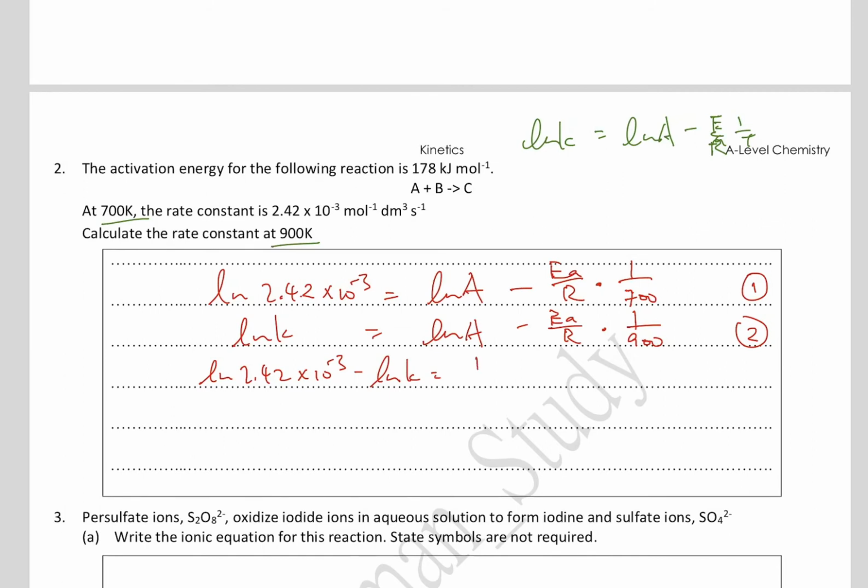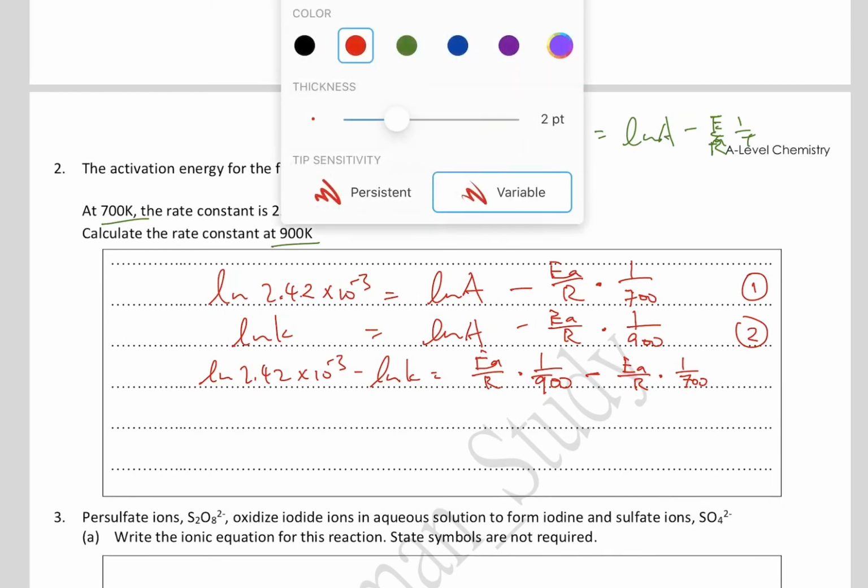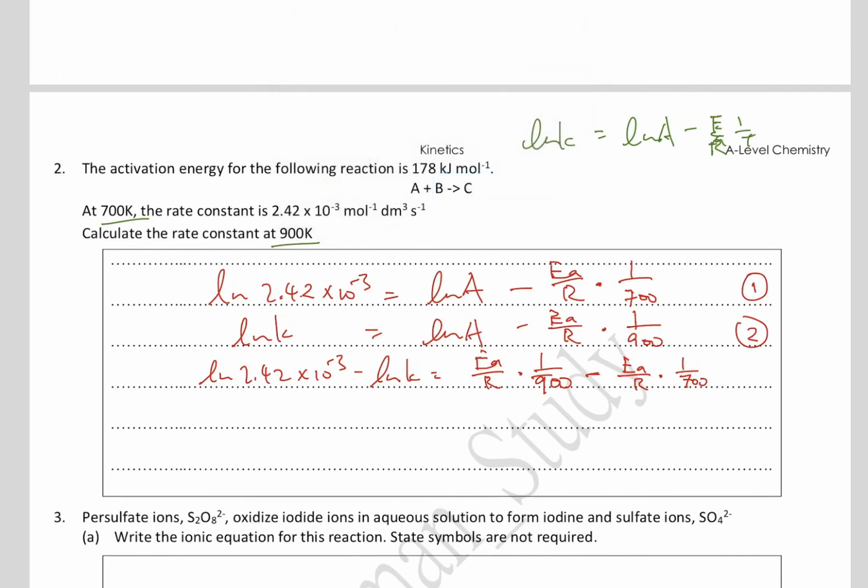And then from this one, based on we know the unit of EA, you know the number of EA already, and then we can put it in and then solve. But just before solving, it's important to simplify here.